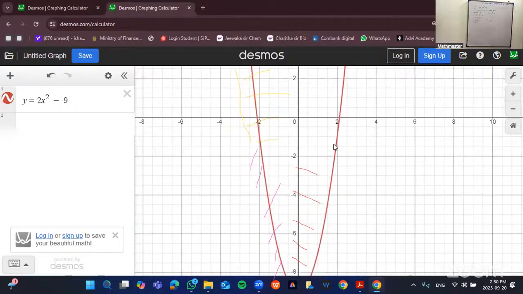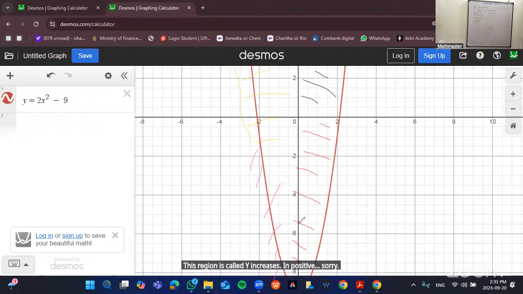The y increases in a positive direction. This one is the positive direction. Then finally, this region is called y increases in positive.